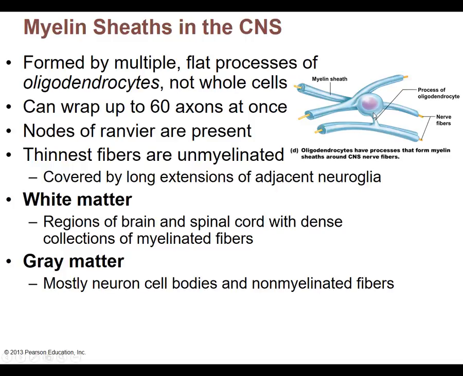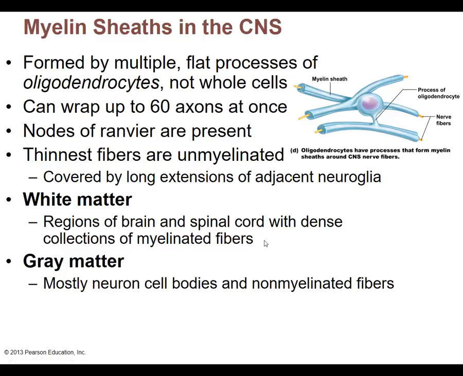There are still nodes of Ranvier, they're just not shown here, but you're still going to see them. The thinnest of the fibers, unmyelinated, don't need it. Now, there are places in the central nervous system, again, brain and spinal cord, where you have lots of myelin. Because this myelin is a whitish color, a whitish protein lipoid substance, there are actually places in the brain where it looks like white material.